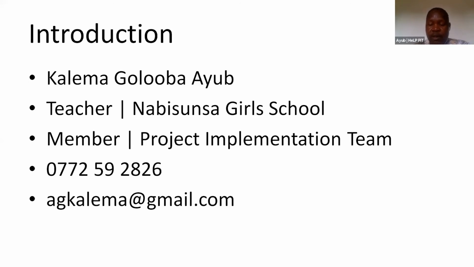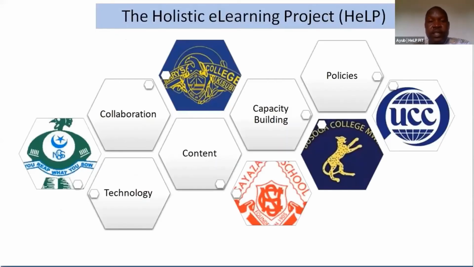Ladies and gentlemen, the Holistic E-Learning project is an initiative of Uganda Communications Commission together with 4 leading schools and educators in Uganda, whose aim is to improve the quality of teaching and learning in Uganda. We have 5 key areas. One is to promote collaboration between schools. Here you have seen what happens when we talk about collaboration.